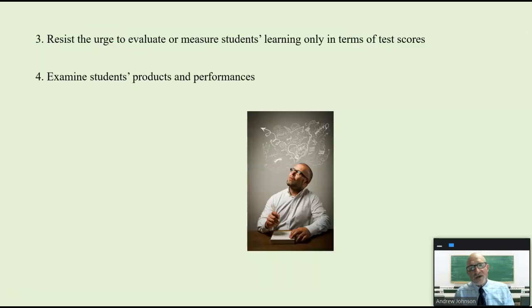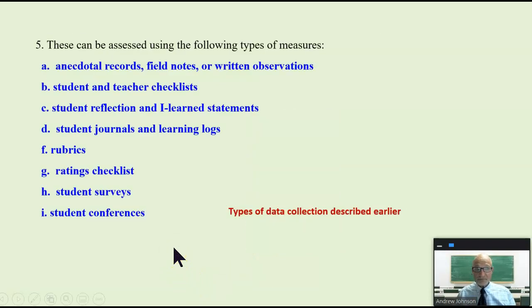Now, resist the urge to measure students' learning only in terms of test scores or quantitative data. All right, this provides a very narrow window of how students are learning. Instead, think about examining students' products or performances. These can all be assessed using the following types of measures, and we talked about these types of data collection earlier.